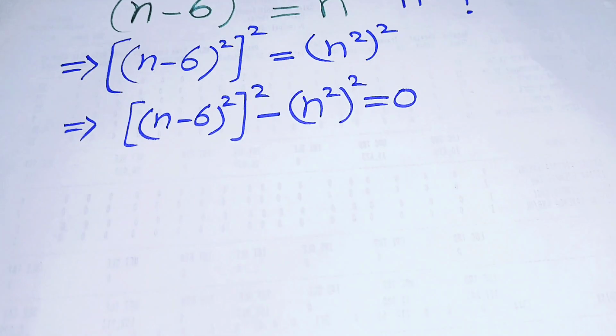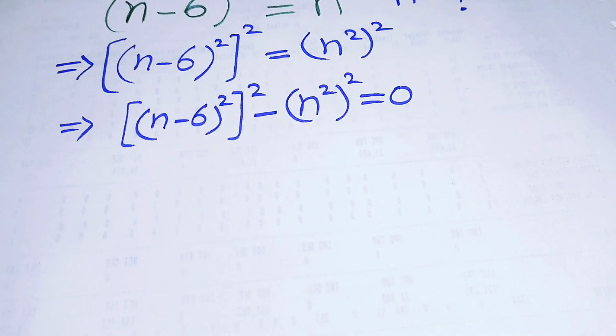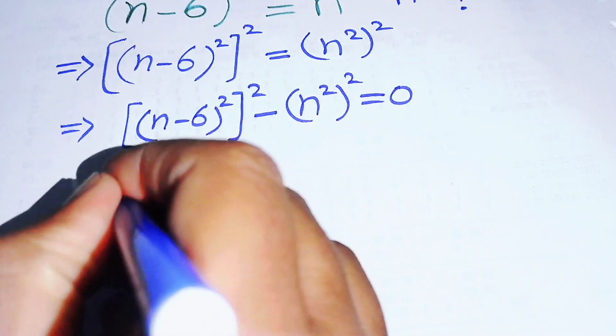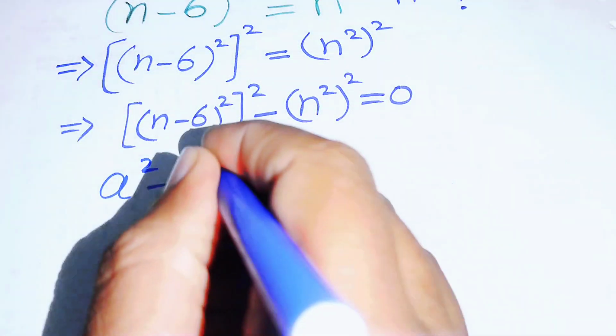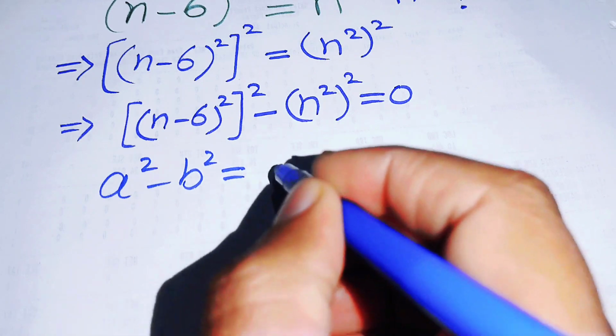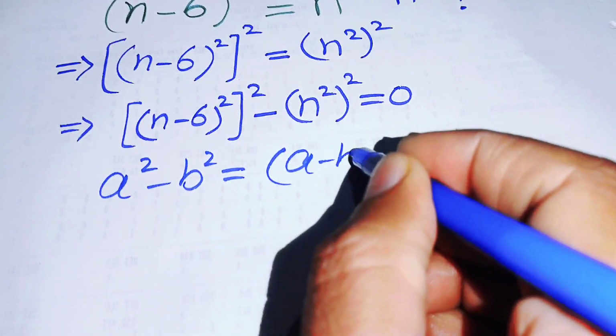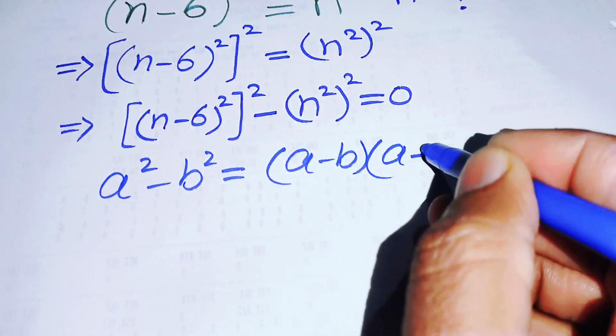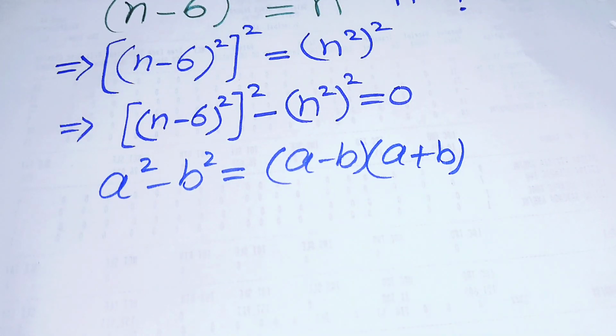So now here we use the nice square identity, and you know about this identity. If we have a^2 - b^2, it is equal to (a - b) times (a + b). So here we use this identity on the above term.